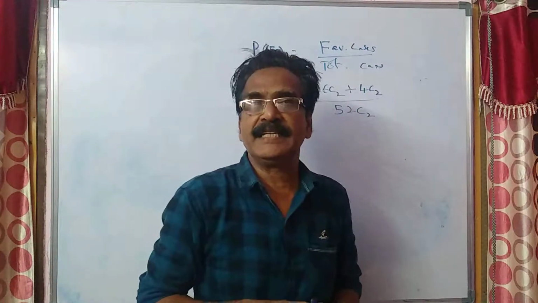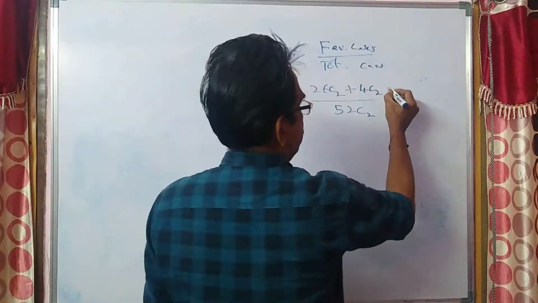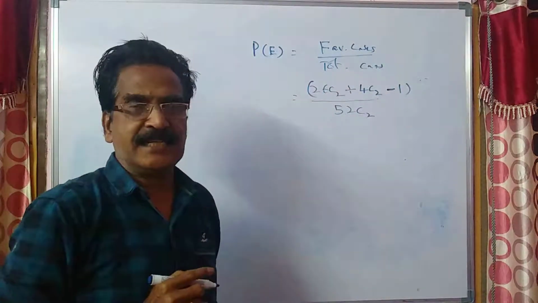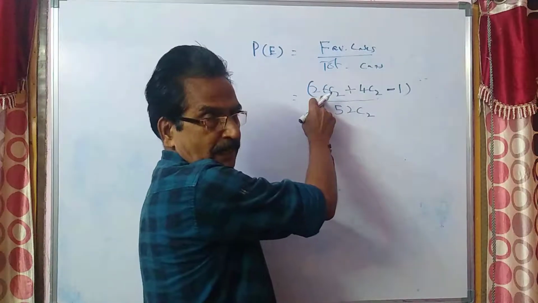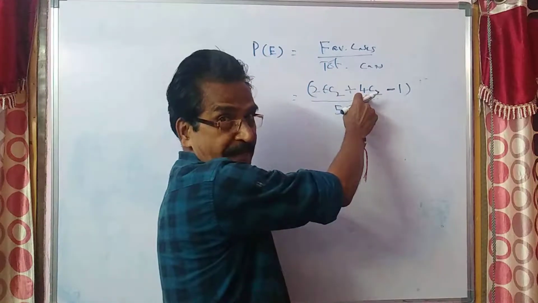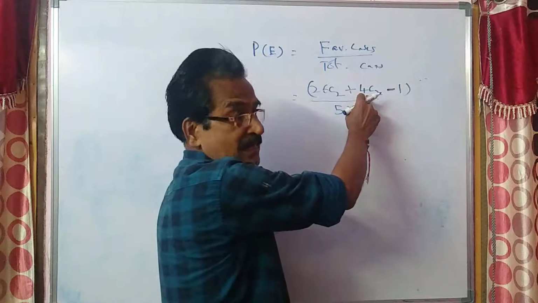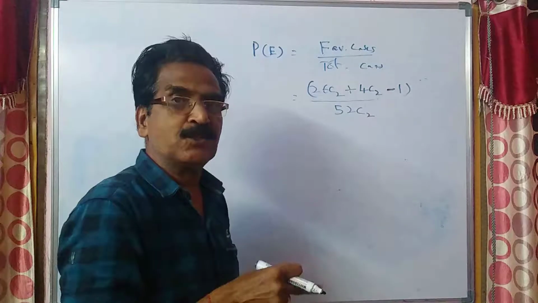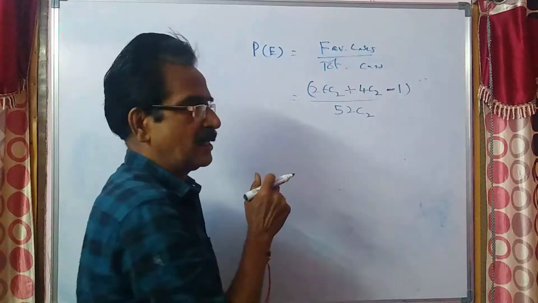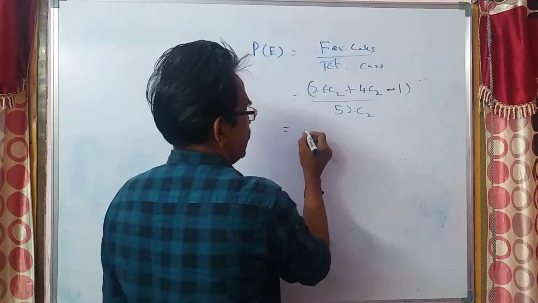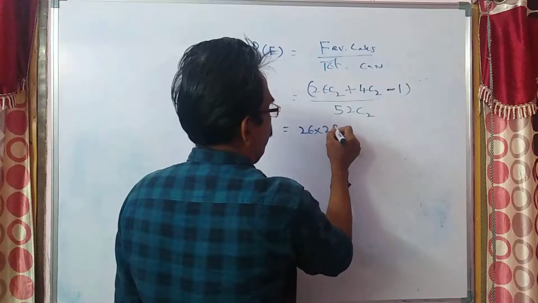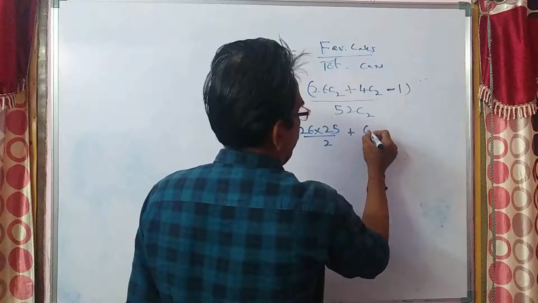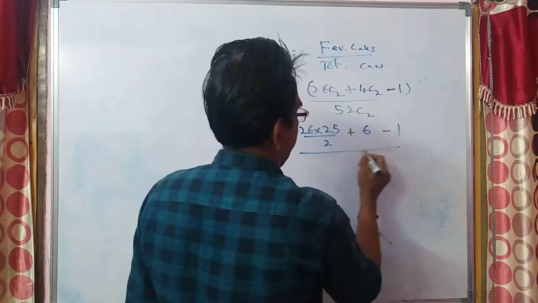So one case must be subtracted. So this is favorable cases: two black cards, two queens, minus two black queens. So 26C2, 26 into 25 by 2, plus 4C2 value 6, minus 1.